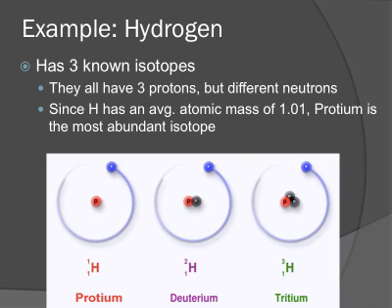Okay, let's do a harder one. Boron has an average atomic mass of 10.8. Which isotope do you think is going to be more abundant? 11. There's more boron-11 because 0.8 is a lot smaller than 0.9994, right? So all you have to do is look at that number, round it, and you can figure out which one is the most abundant.